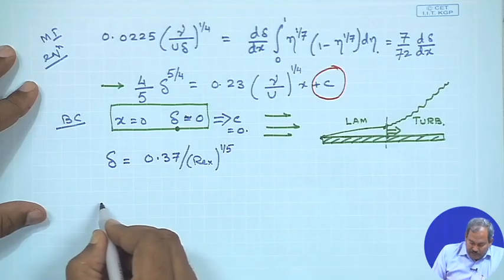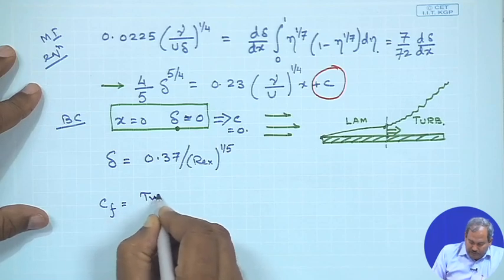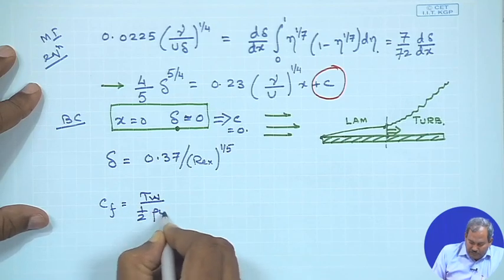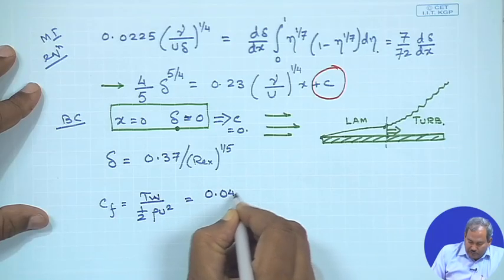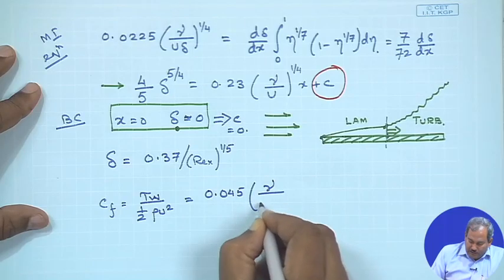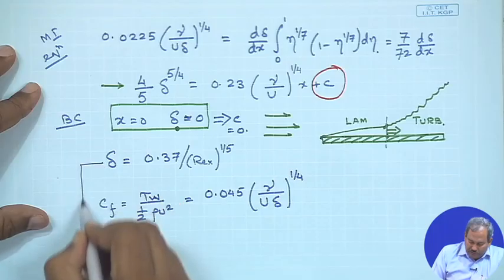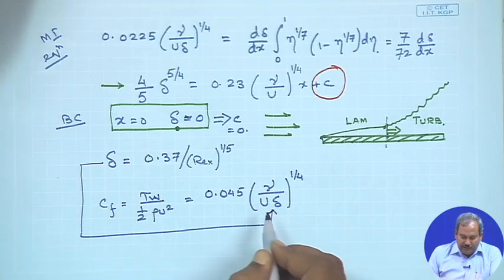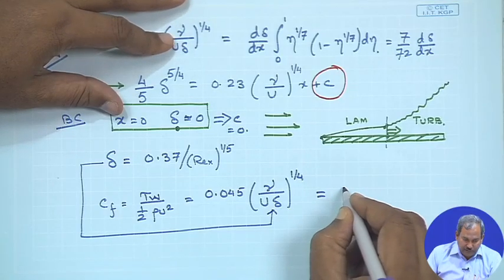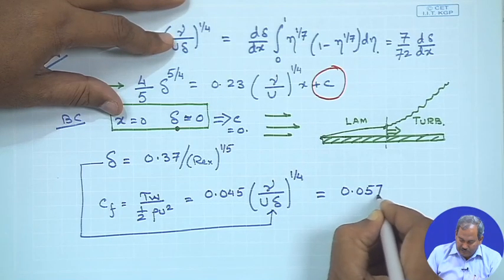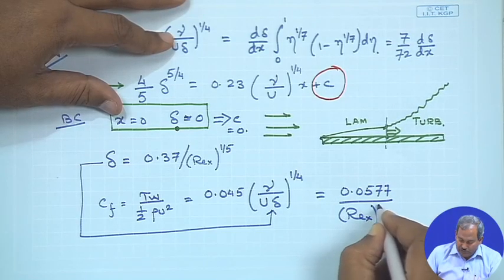And similarly, you would be able to obtain the skin friction coefficient, defined as before as tau_w by half rho u squared, which would be equal to 0.045 (nu by u delta) to the power 1/4. You can substitute the value of delta in here, and therefore, you would obtain a value of Cf equal to 0.0577 by Reynolds number to the power 1/5.